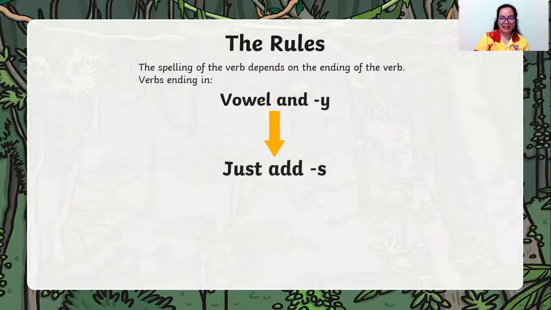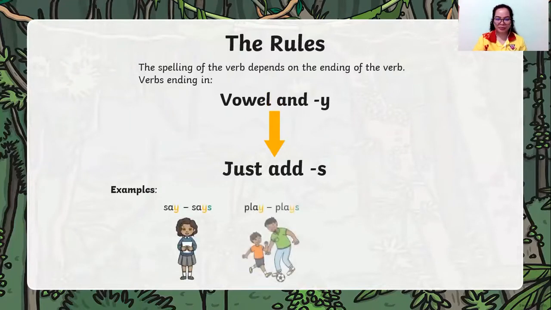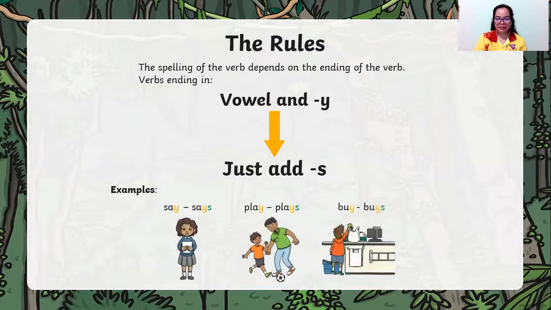Vowel and Y. Just add S. Okay, if the word has this kind of pattern, vowel and Y, therefore add S. So A is our vowel, Y is our consonant.